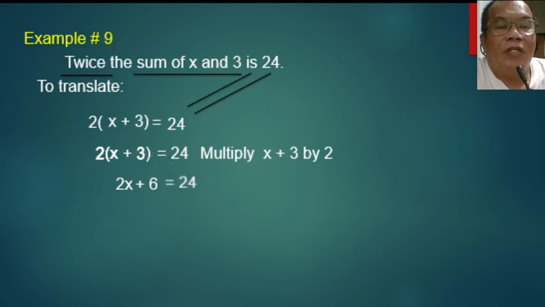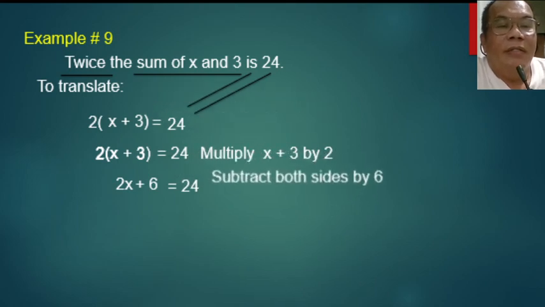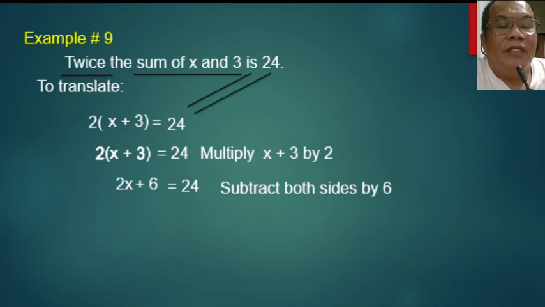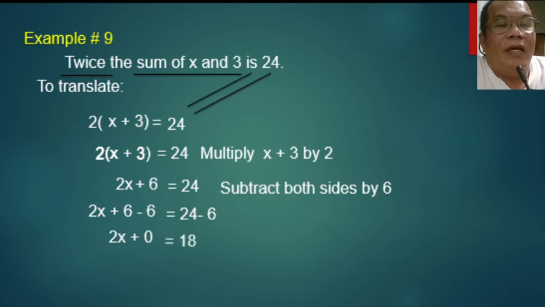Bring down equals 24. And then, of course, you have to subtract both sides by 6. So you have 2x plus 6 minus 6 is equal to 24 minus 6. And 2x plus 6 minus 6 is 2x plus 0, and 24 minus 6 is equal to 18.